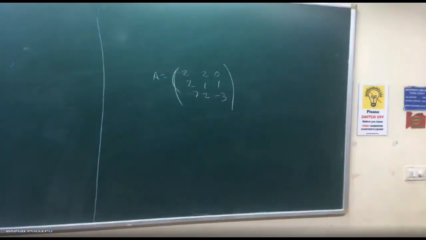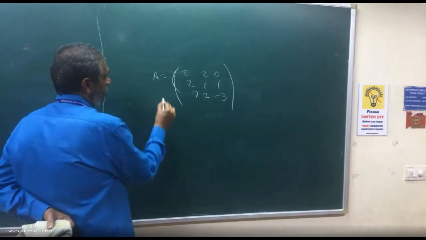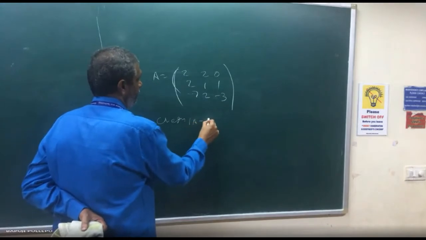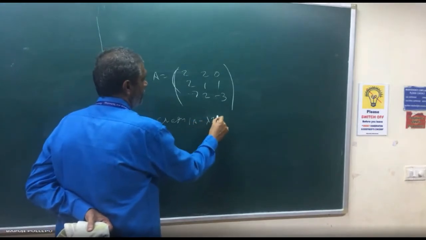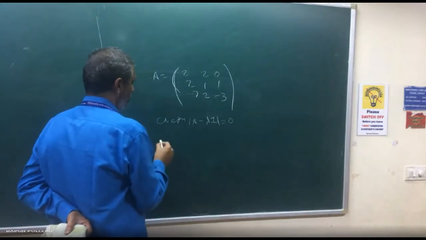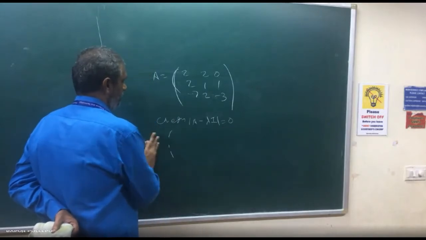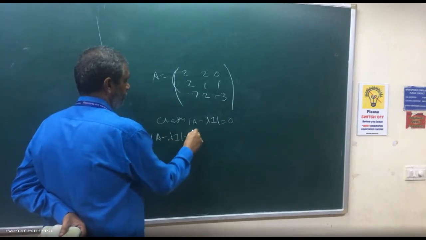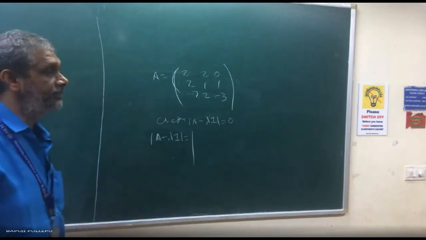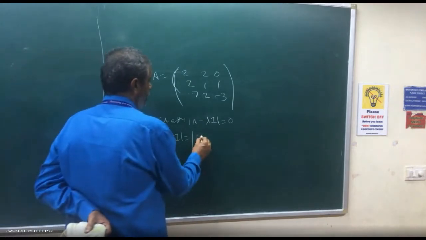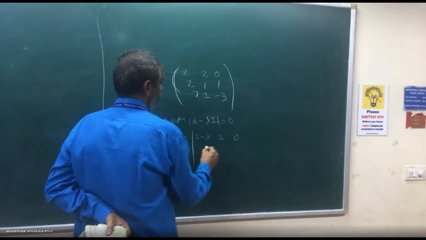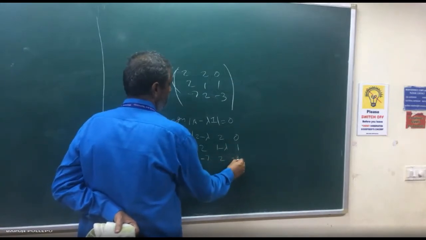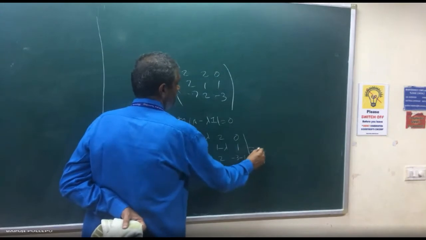A lot of things we did. To find eigenvalues I wrote the characteristic equation: determinant of A minus lambda I is equal to 0. On the diagonal you do minus lambda: 2 minus lambda, 2, 0; 2, 1 minus lambda, 1; minus 7, 2, minus 3 minus lambda is equal to 0.